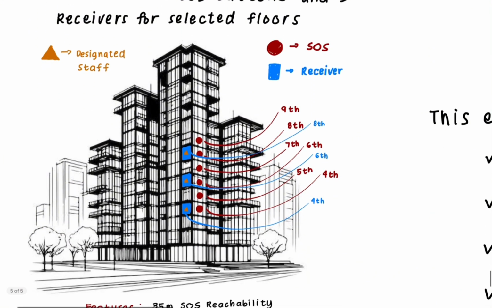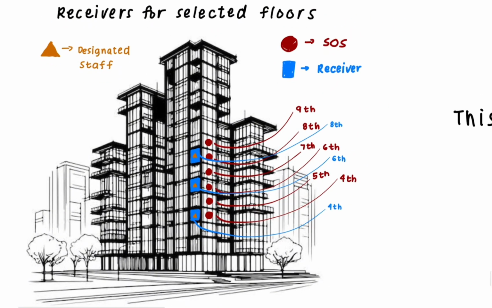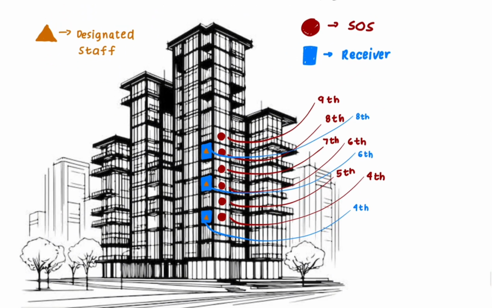So I randomly selected floors from where I'm staying, and I concluded that the receiver must be below the device and the floors. So it's alternating. So 1 receiver at the 4th floor, 1 receiver on the 6th floor, and 1 receiver on the 8th floor.